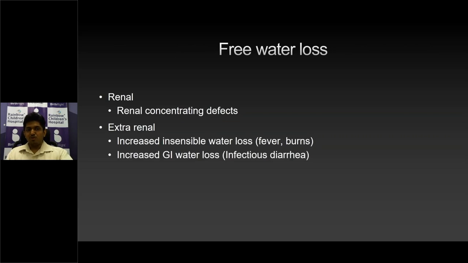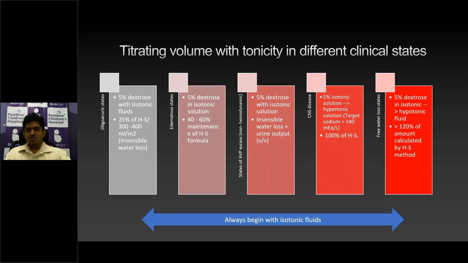If the urine output is more, or if there is water loss externally, there are two more states called the free water loss states: renal, which happens when there is a renal concentrating defect, and extrarenal, in cases like hyperpyrexia, burns, GI water loss, the commonest being gastroenteritis. So either there is a free water loss state, or there is a free water as well as sodium retention state, which is the oligoanuric state. Based upon this, you try to categorize your maintenance IV fluid.